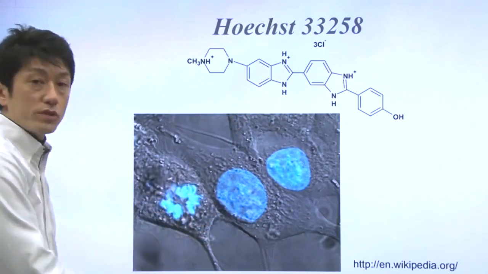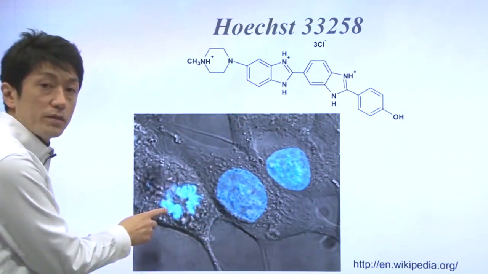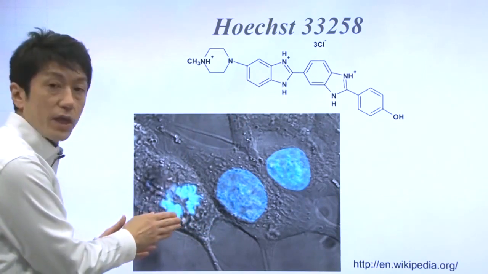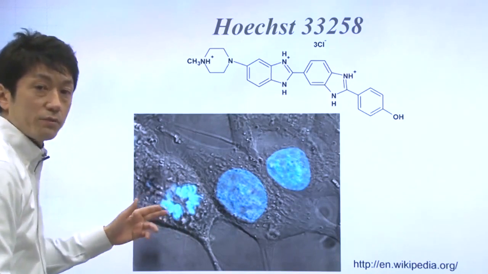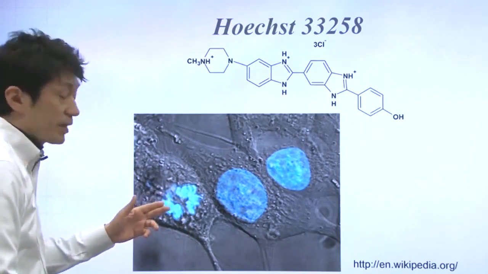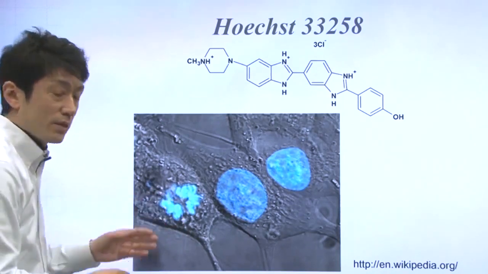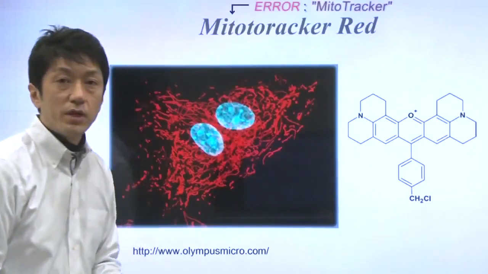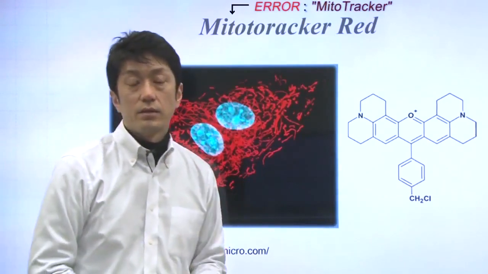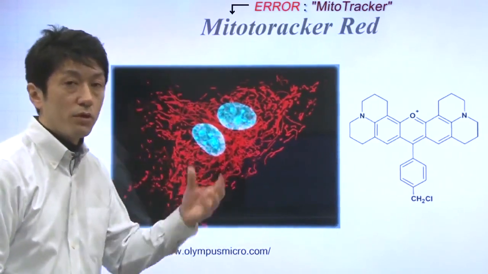The leftmost cell right here is in the metaphase stage of mitosis. So its chromosomes emit light brightly because they contain highly compacted DNA. So you can follow the cell division by looking at DNA labeled by a fluorescent molecule.